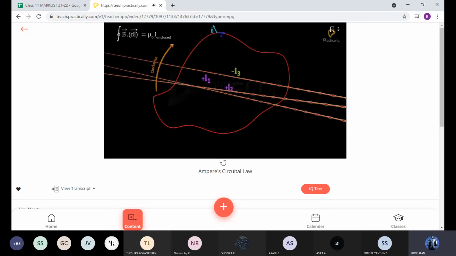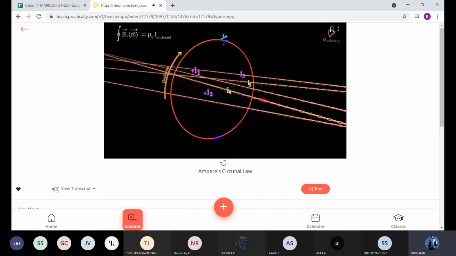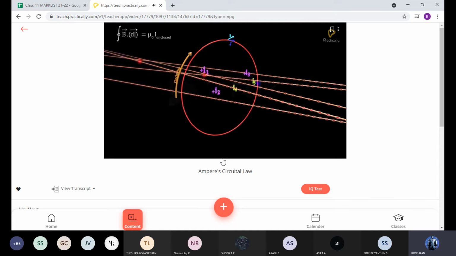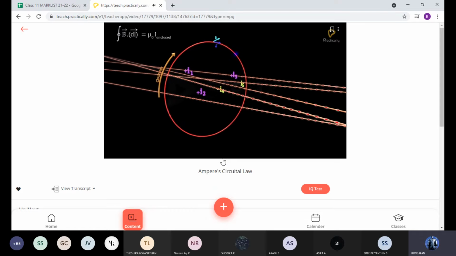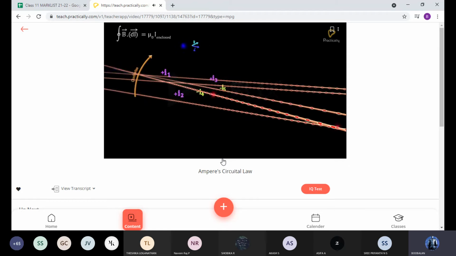through the area. For the shown network of currents, I1, I2 and I3 are along the positive direction, whereas I4 and I5 are along the negative direction. Consider a closed circle around it as the Amperian loop.